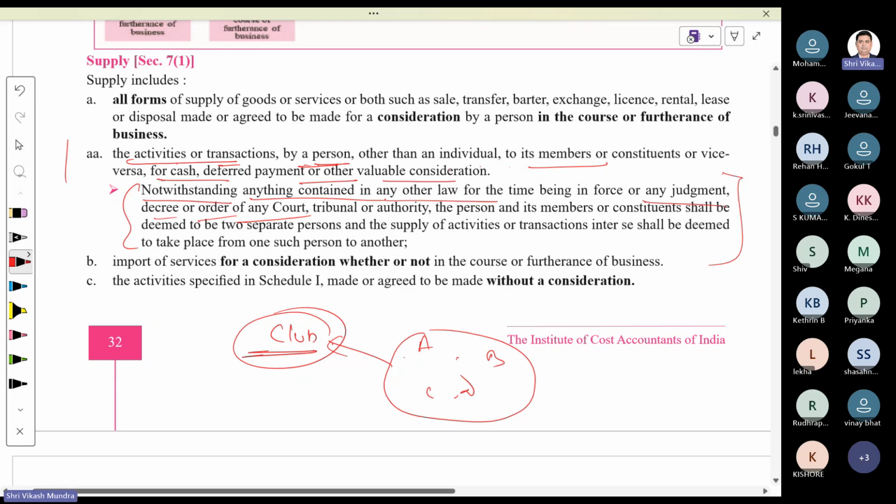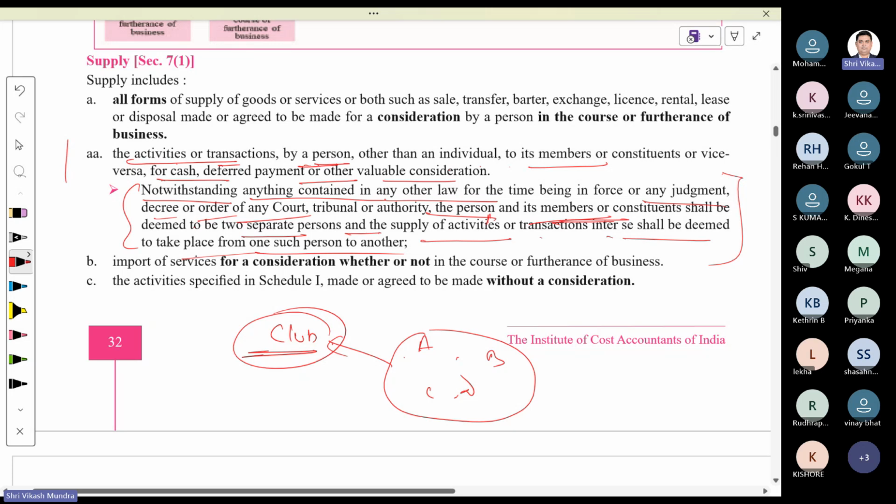Whatever is mentioned against this line, you will forget; the person and its member, the club and its member shall be deemed to be two separate persons, and the supply of activities shall be deemed to take place from one such person to another.